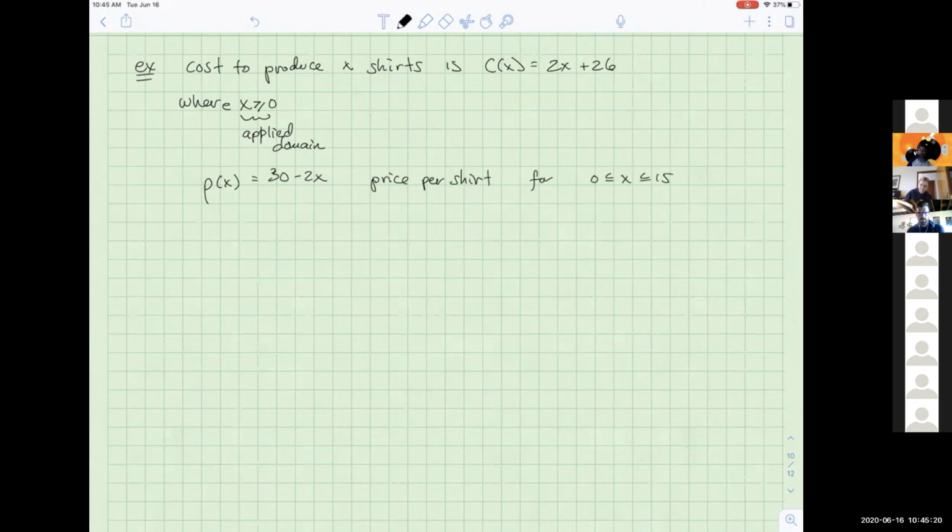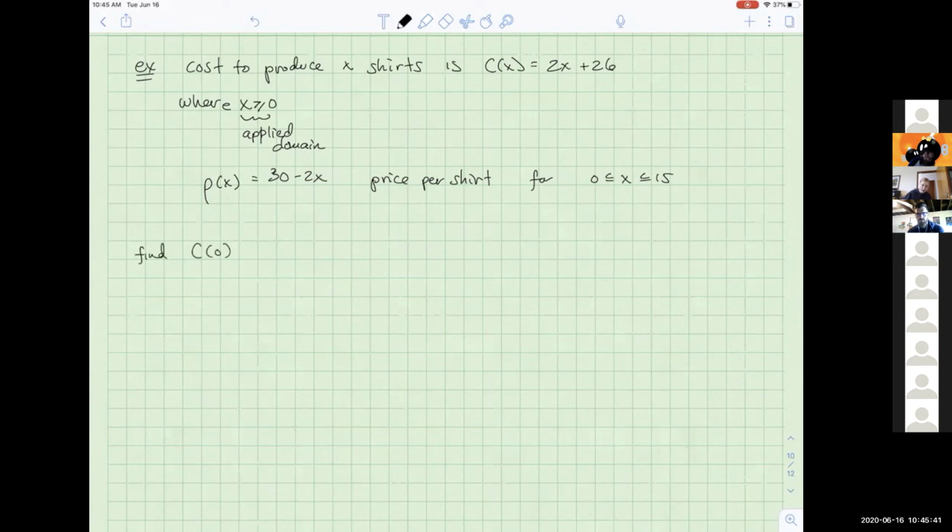And this is a little bit ridiculous because apparently if you order 15 shirts, they're free. So that's nonsense. But whatever, it's a math problem out of a book. What are you going to do? It's not real life, but we're just talking about the application here. And it says, find the following.